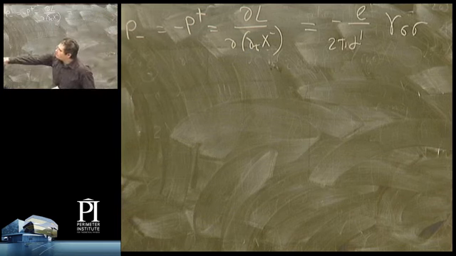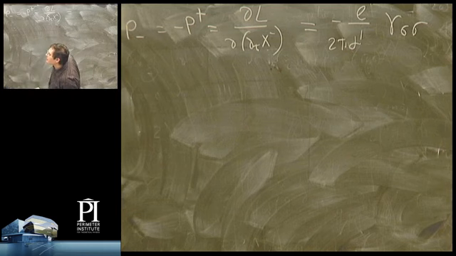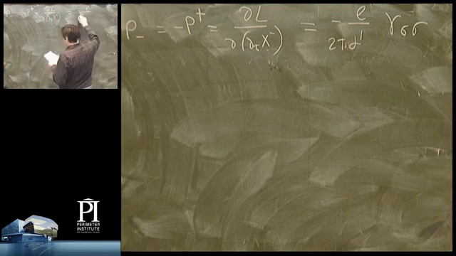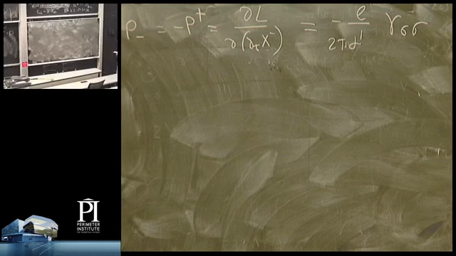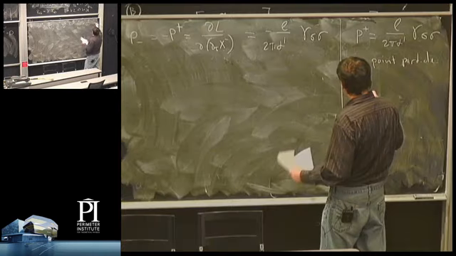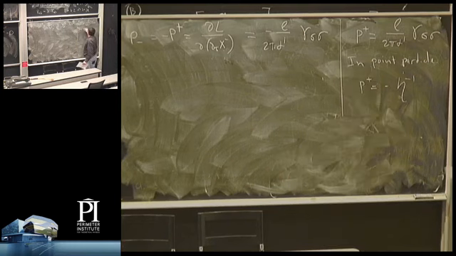So now, if you look at the Lagrangian that's given there, that's simply minus L over 2 pi alpha prime gamma sigma sigma. And so what you see is that P plus equals L over 2 pi alpha prime gamma sigma sigma. So this is actually very similar to what we had in the point particle case.